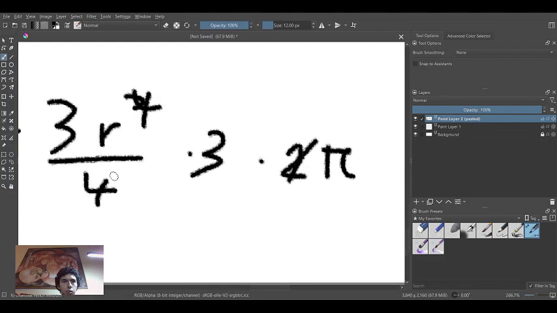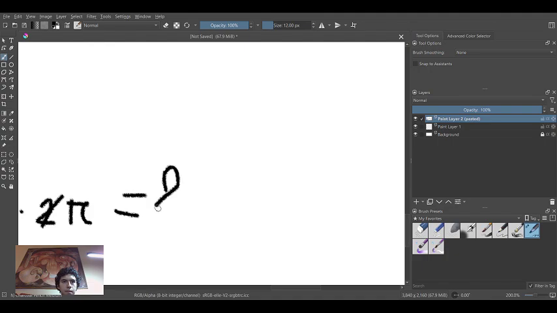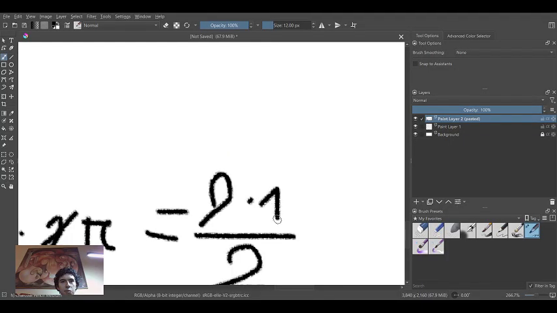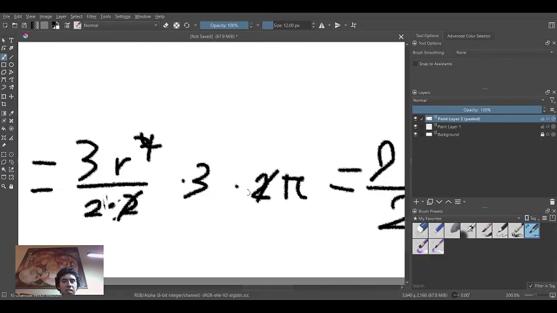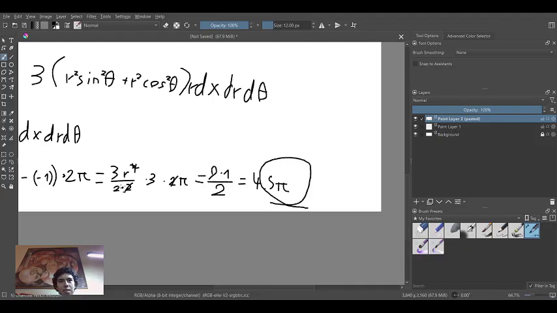We simplify this 2, because 2 times 2, and we'll simplify one of them. So it's going to be 9 over 2 times 1, which is just 4.5, I think. Let me check. Oh, right. I just saw the pi. I forgot the pi. 4.5 pi. And that's our result. Wow.